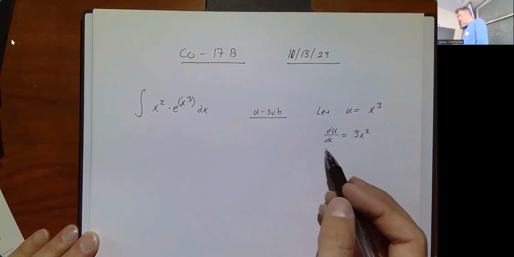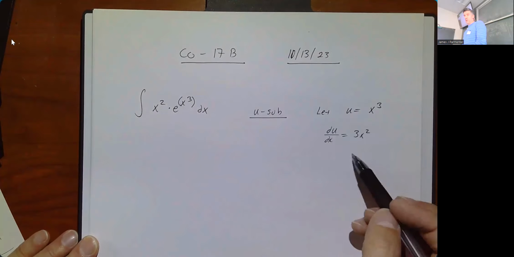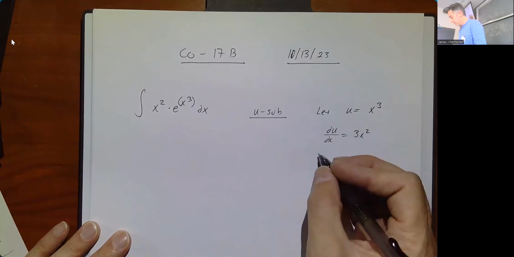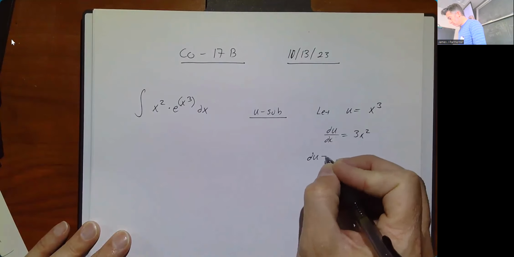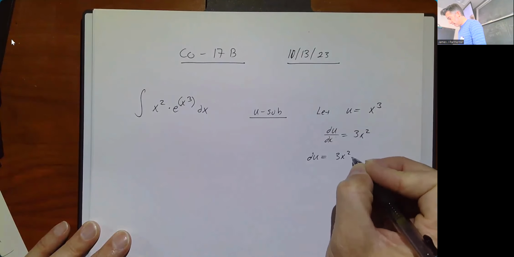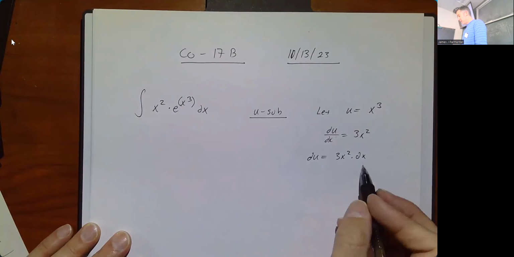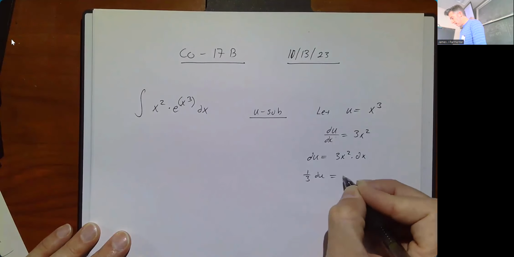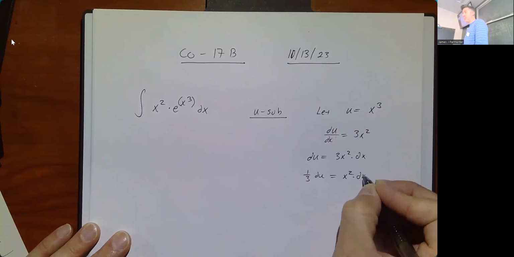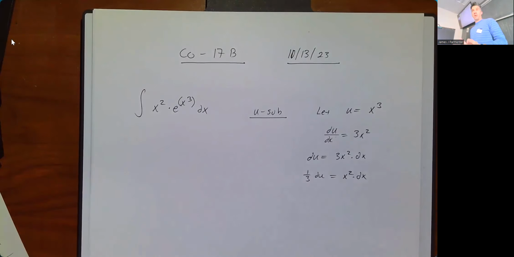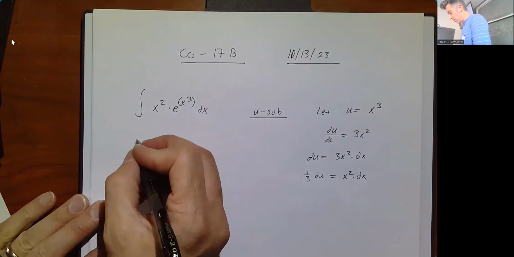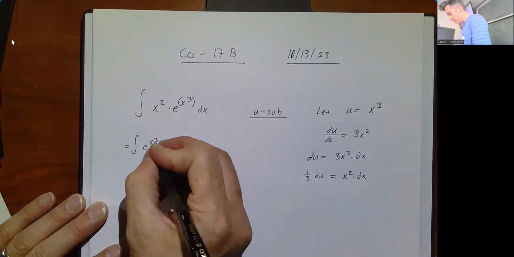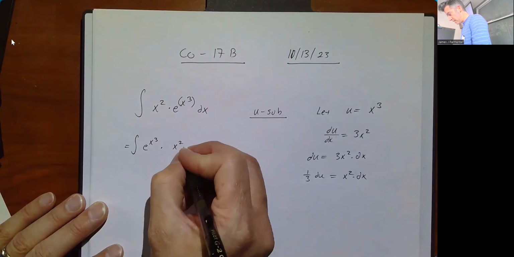So I've been doing this a certain way because that's the way I like to do it. I would let du equal 3x squared times dx, and then divide both sides by 3 to say that 1/3 du equals x squared times dx, because I see that my integral has an x squared times dx. So I would write this as e to the x cubed times x squared times dx.